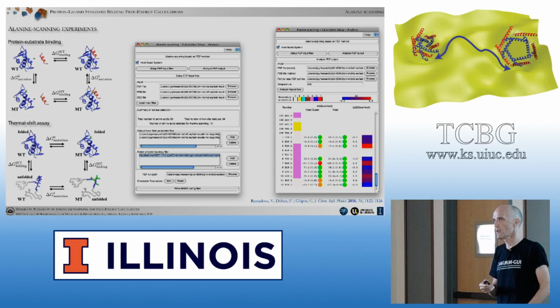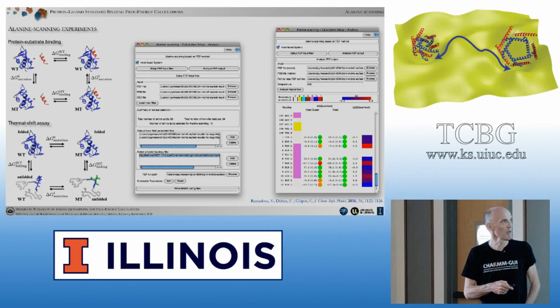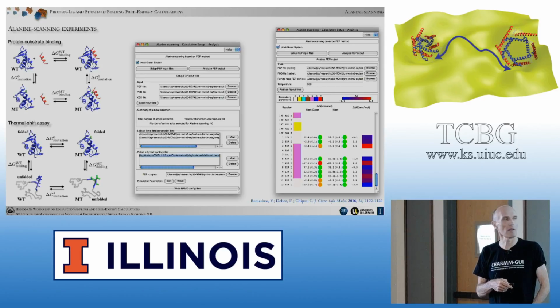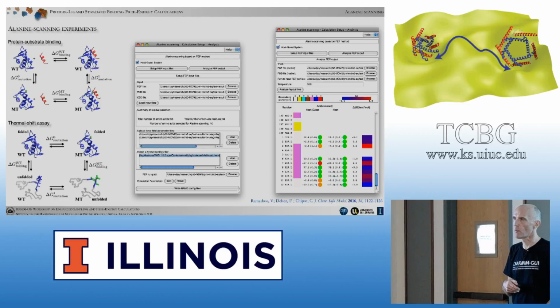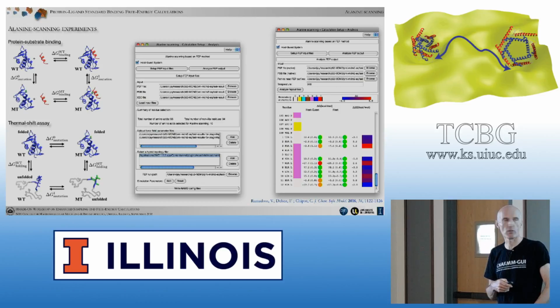How do we do that? It's a very rough estimate based on the forward and backward hysteresis. If we have a hysteresis of less than kT, we put a green light. If we have a hysteresis between 1 kT and 2 kT, we put a yellow light. And if the hysteresis is more than 2 kT, we put a red light, which is the case here. Actually, we have 5.1. So that's a red flag telling you that you better rerun that particular simulation.